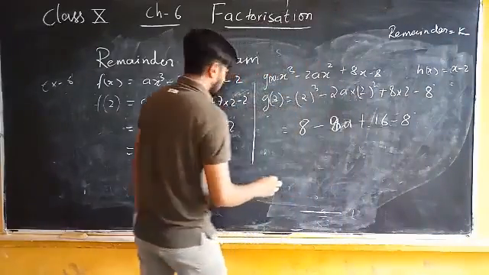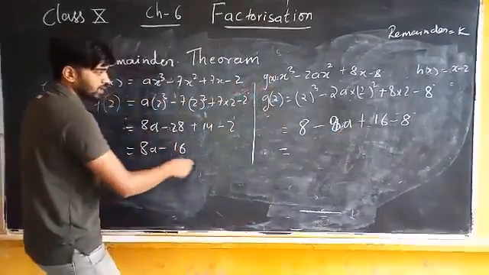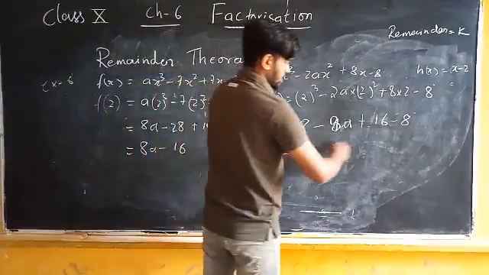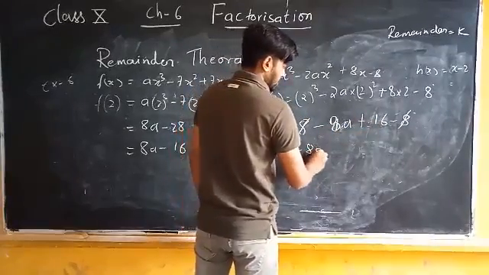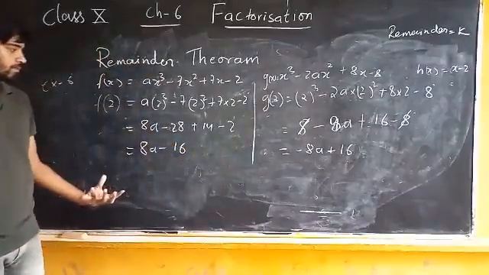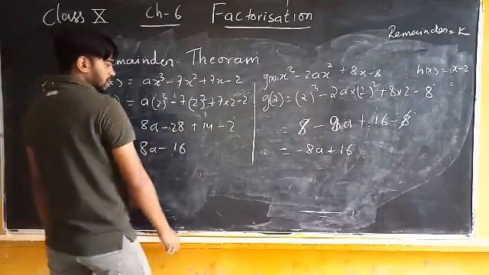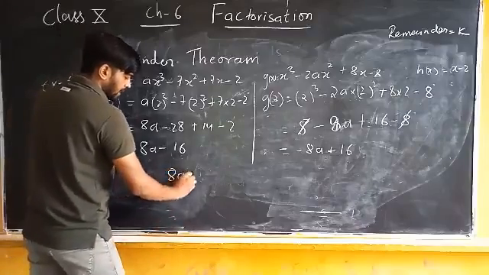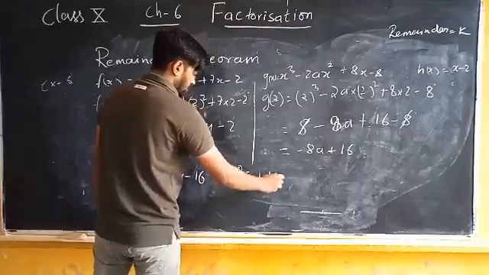So this is the remainder for this one, and this is the remainder for the other one, and this can get cancelled out, so minus 8a plus 16. So both the remainders are same. Okay, so what I'll be doing, I'll be keeping both the remainders equal. So 8a minus 16 equals minus 8a plus 16.